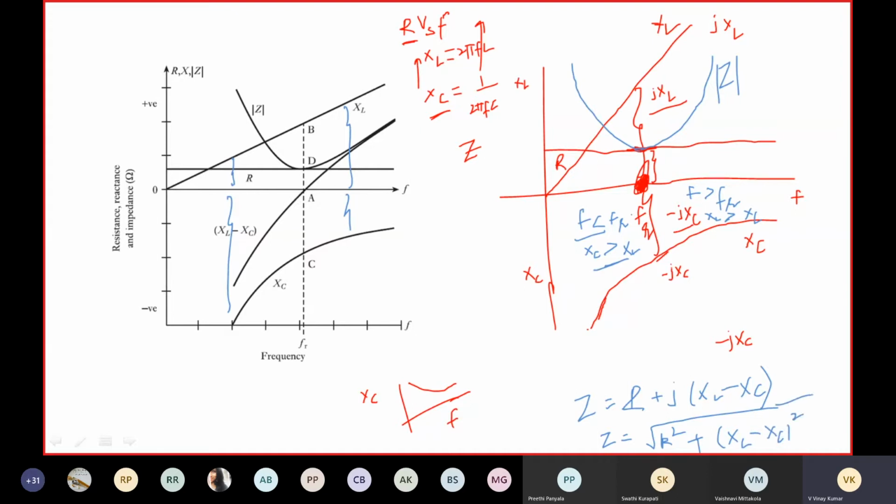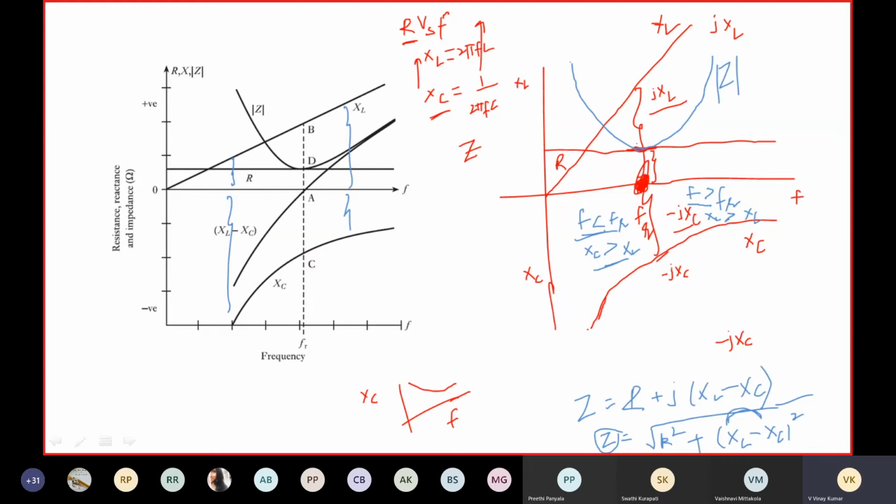So for F less than FR and for F greater than FR, any one of the reactances is more, which means Z will be more. So starting Z will be more.